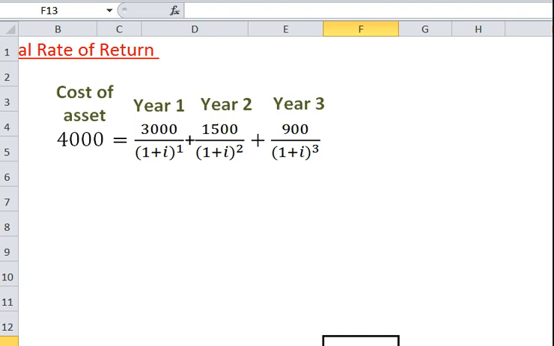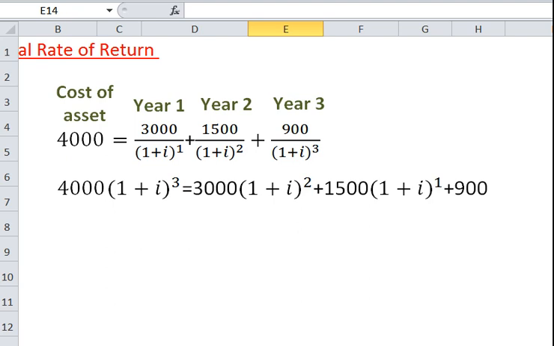And the third one, 900 divided by 1 plus i to the power of 3, cubed. So we need to find a value for the i's in here. Well, they're all the same value, but we need to find a value for the i which will equate these two sides, and that will be our internal rate of return.